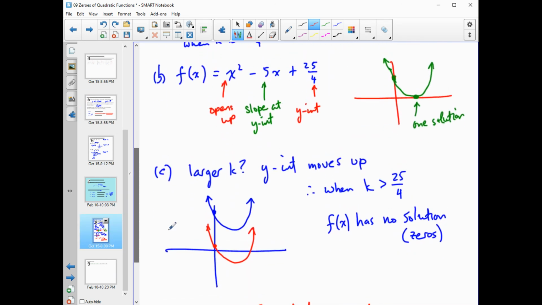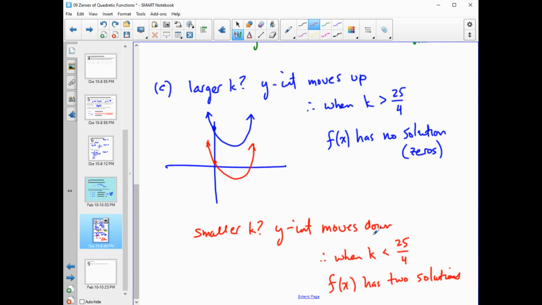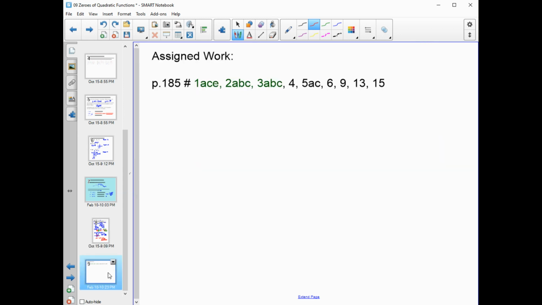Then, once you understand your scenario that describes 1 solution, you can modify your parameters, which will allow you to modify your diagram, and you should be able to come up with what's going to result in no solutions. In this case, it was greater than, and what's going to result in 2 solutions. In this case, it's less than. So I hope that's clear.